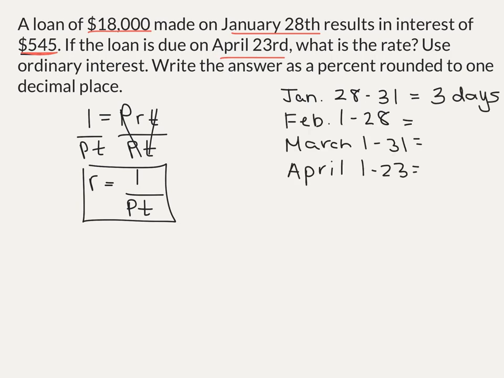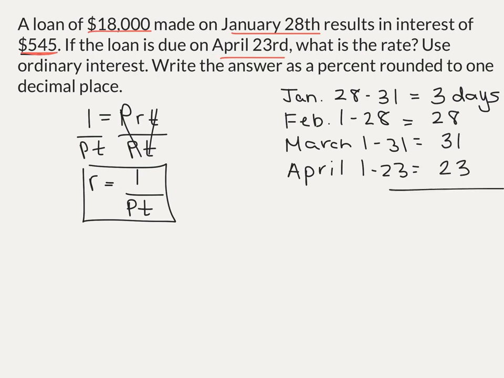So we'll just go month by month. Now we have February, and we're going to assume that February has 28 days, unless we're told otherwise. So there are 28 days in February, there are 31 days in March, and then we have April 1st through the 23rd, since we're paying our loan on the 23rd. And we count the 23rd, so that means that there'll be 23 days.